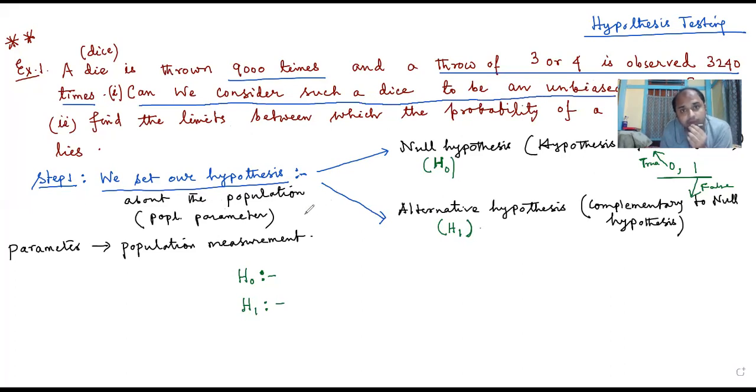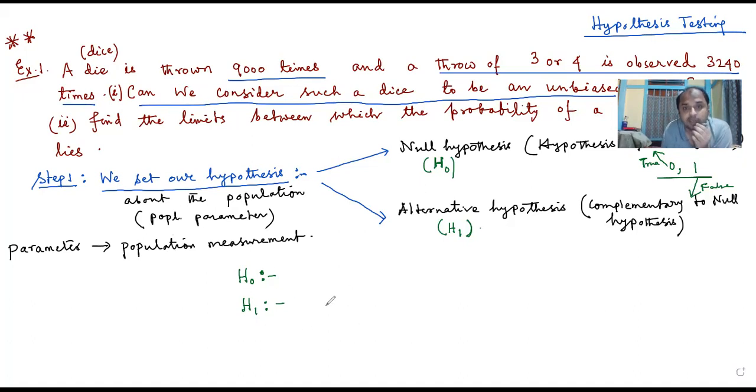Okay, now since the null hypothesis is the hypothesis of no difference, what does this mean? This means that however and wherever you throw the die, the results do not vary. This means that the probability of getting 3 or 4 remains constant throughout all the throws that you are making hypothetically.